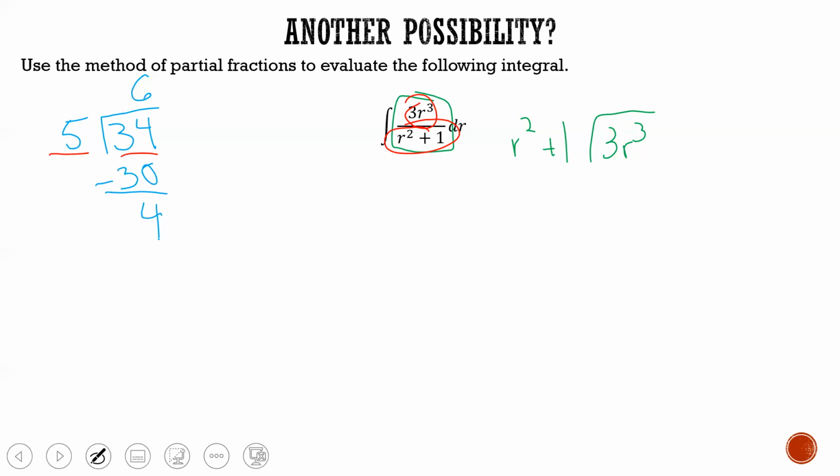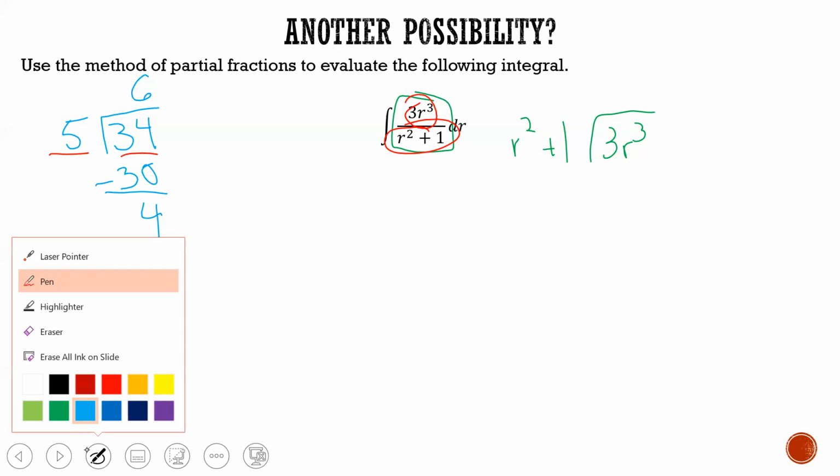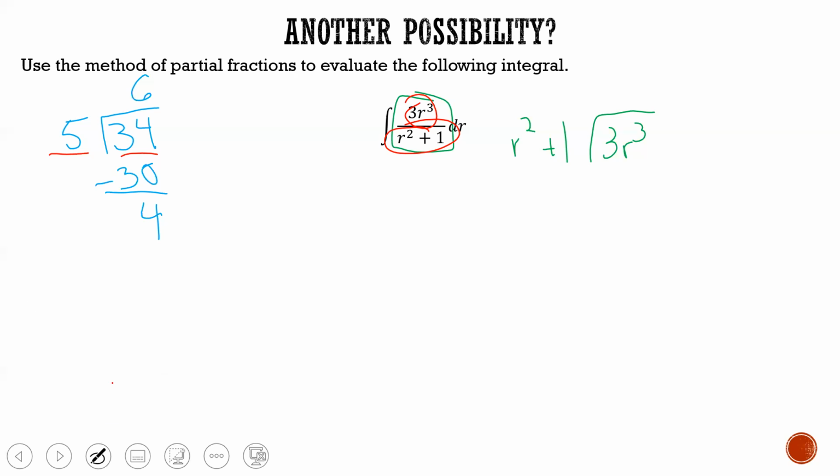We're going to do a similar thing with the 3r cubed divided by r squared plus 1, although we start by looking at the leading term, the r squared, and how many times that goes into 3r cubed. Another way to ask that same question is, what do we have to multiply r squared by to give us 3r cubed?